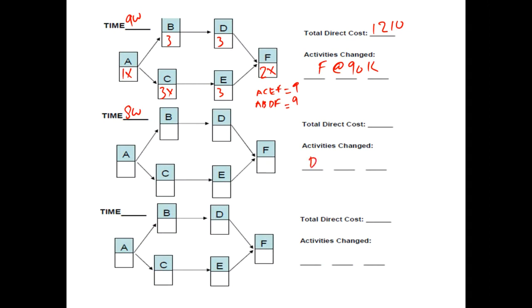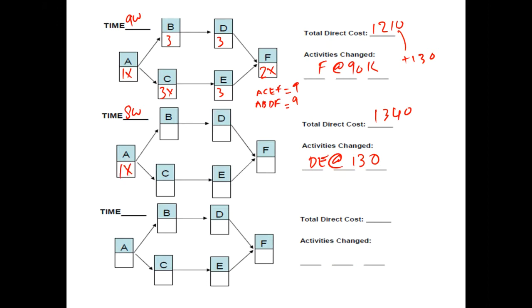So we decide to crash DE at the cost of 130. So adding 1210 plus 130 will give us 1340.